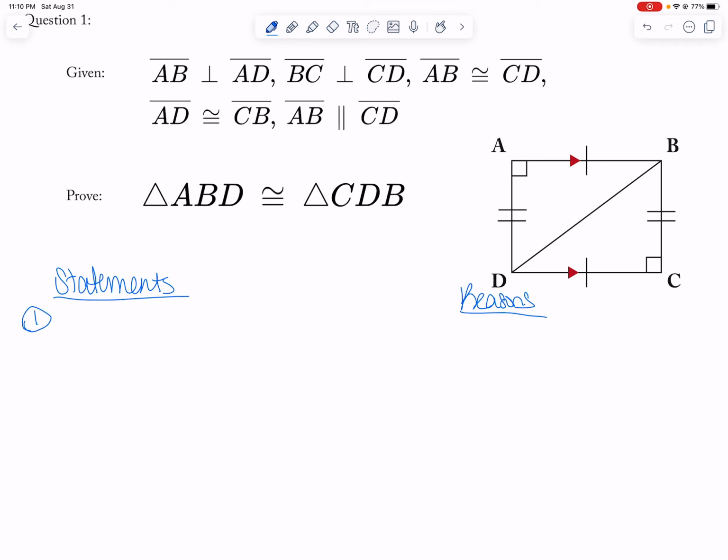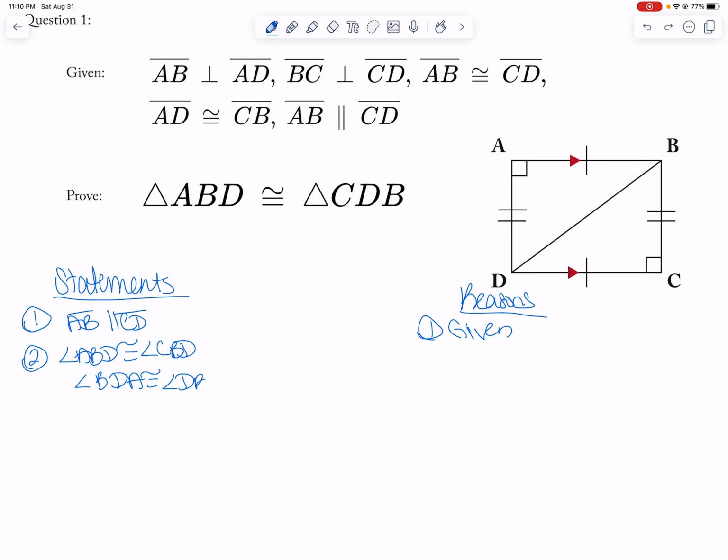Okay, so AB is parallel to CD, and that is given. So then angle ABD is congruent to angle CDB, and angle BDA is congruent to angle DBC by the alternate interior angles theorem.